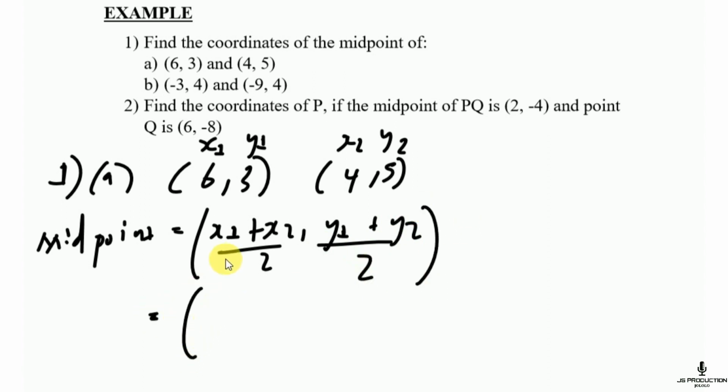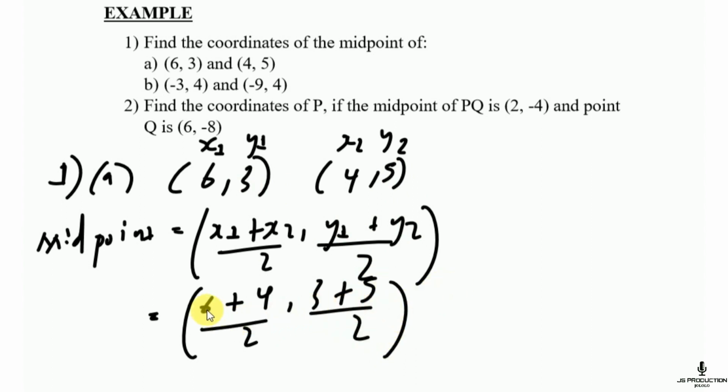So my x1, I know that's 6, so 6 plus my x2, that's 4, divided by 2. My y1 is 3, plus my y2, that's 5, divided by 2.